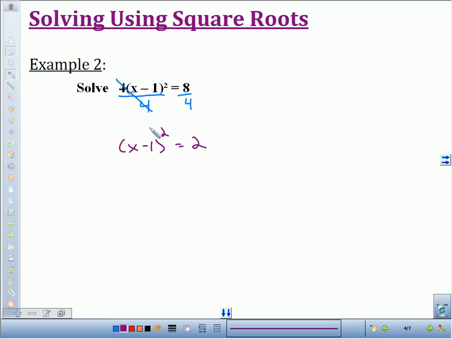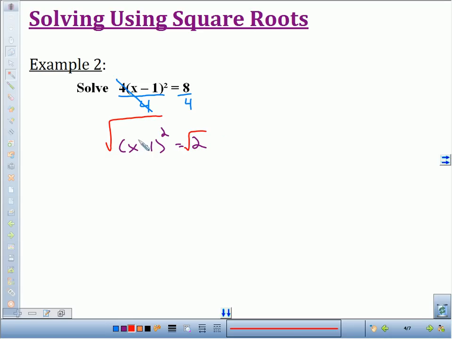Now I have a squared expression on the left side. I have a regular number on the right side. That's where I need to be. To get rid of this square term, I take the square root. So I'll take the square root of the entire expression.